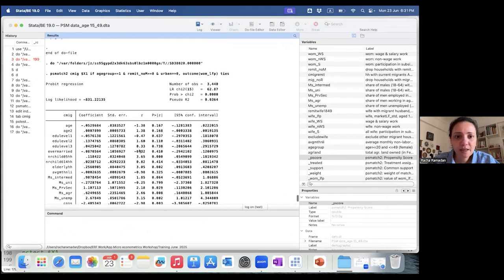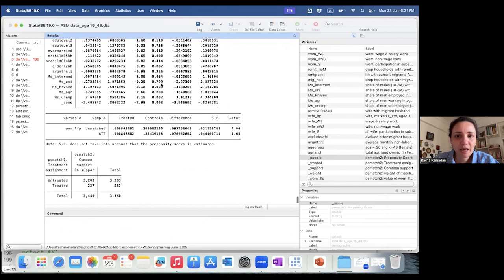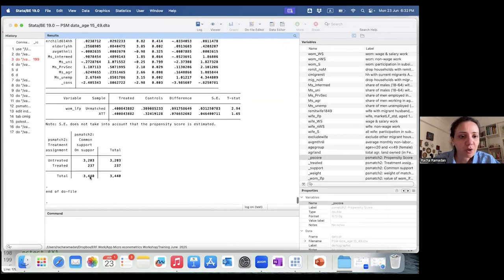Here we have the same thing, the probit regression should not really change. Here we have the result of the average treatment effect on the treated. Here you have the common support part. What can you conclude? Before discussing the conclusion, let's first check if the match is okay or not using the closest observation.